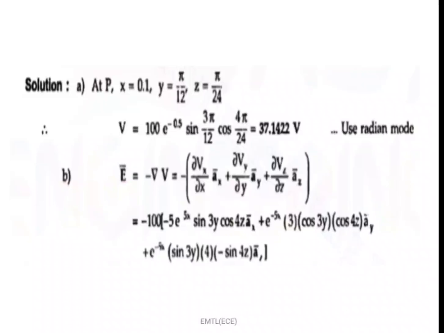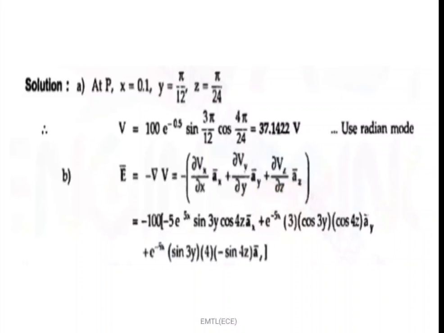Now the next problem is determination of electric field intensity. According to the relation between electric field intensity and the potential, E is equal to minus del V. For a Cartesian coordinate system, del V is equal to dou V by dou x Ax bar plus dou V by dou y Ay bar plus dou V by dou z Az bar.